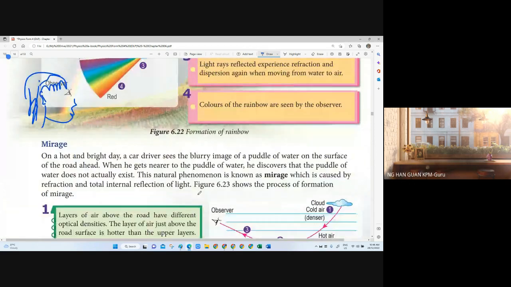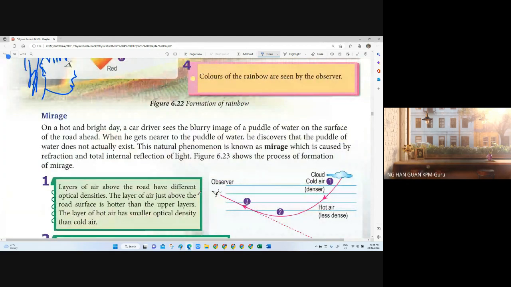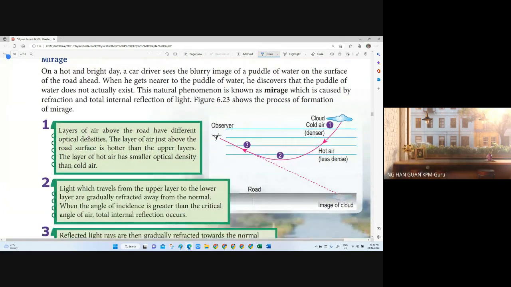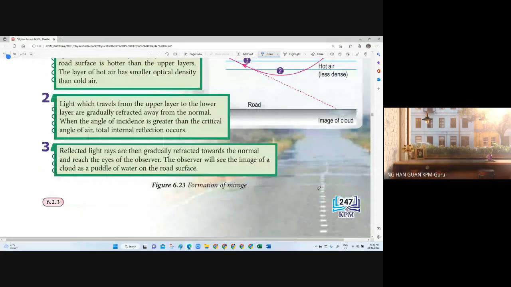Okay. So another phenomenon related to total internal deflection is the mirage. Usually we can only see it on a hot and bright day. For example, when you see a straight road right in front, far away, or sometimes very close, you can see the road looks like it has floating water, or a floating image.